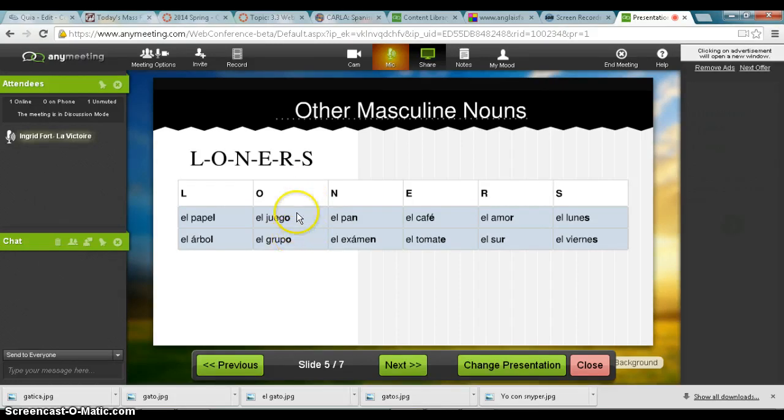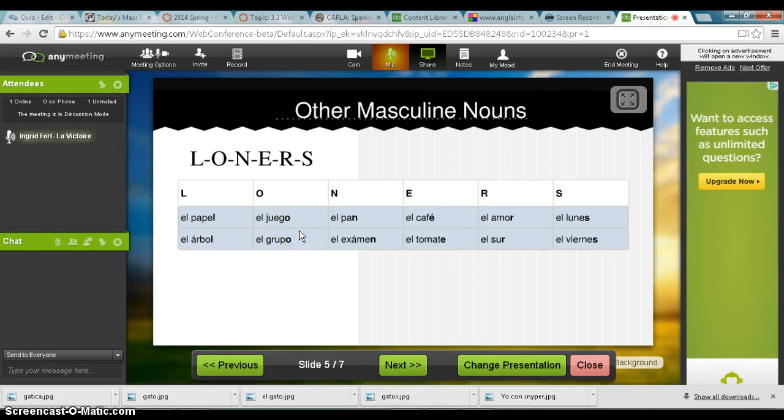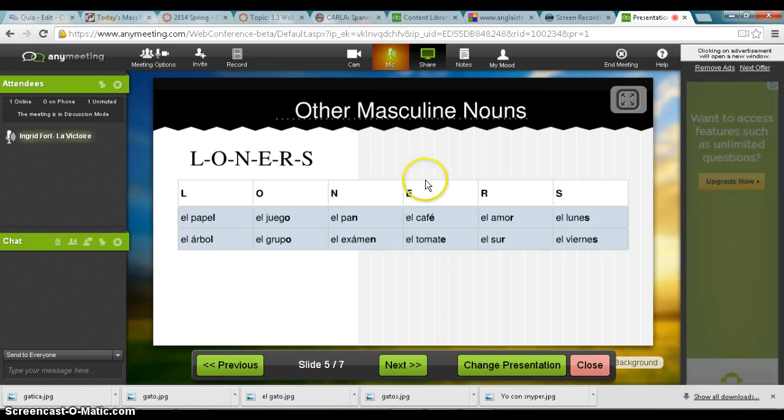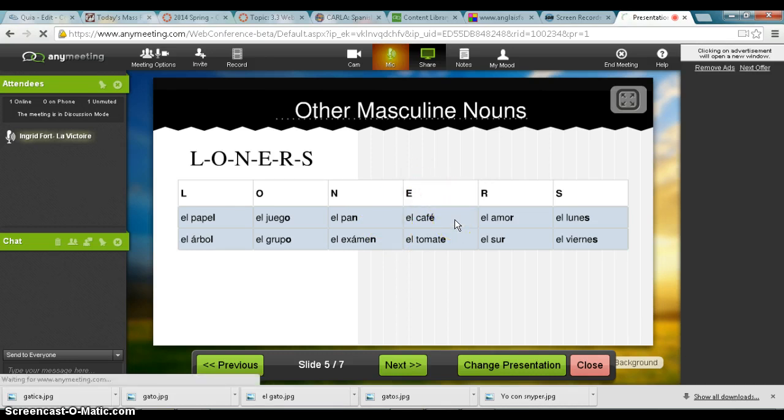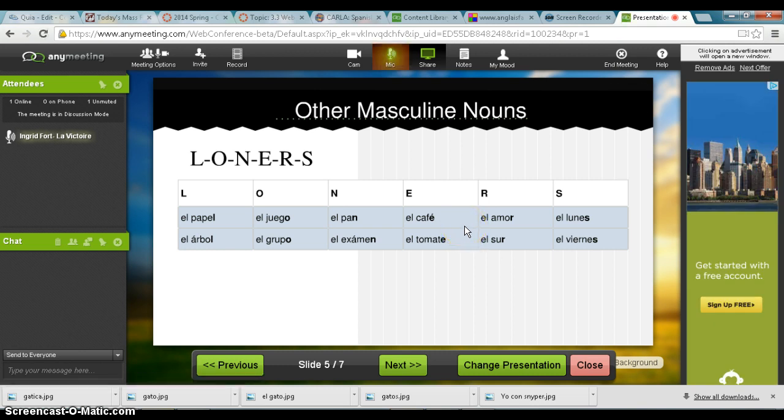So these words belong to the normal O ending nouns. N would stand for el pan, el examen. E, el café, el tomate. R, el amor, el sur. S stands for el lunes, el viernes.